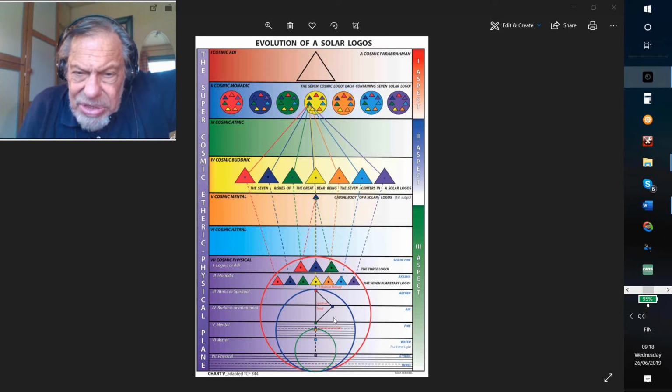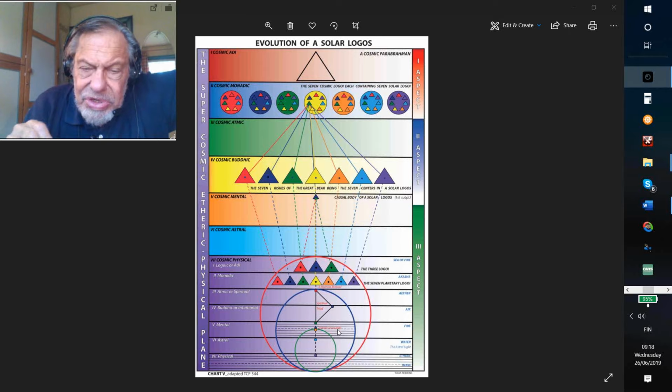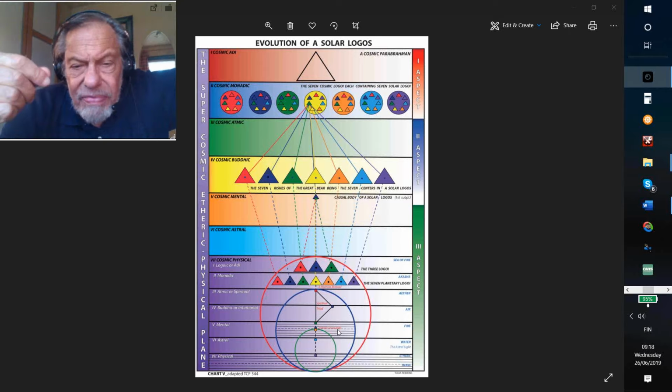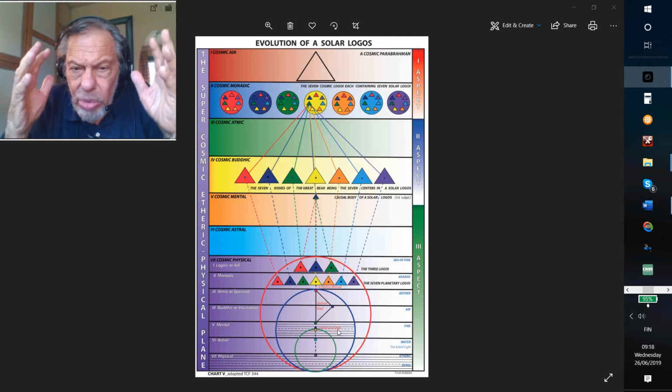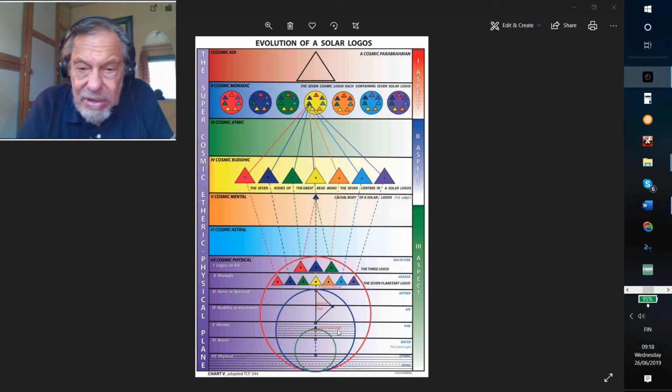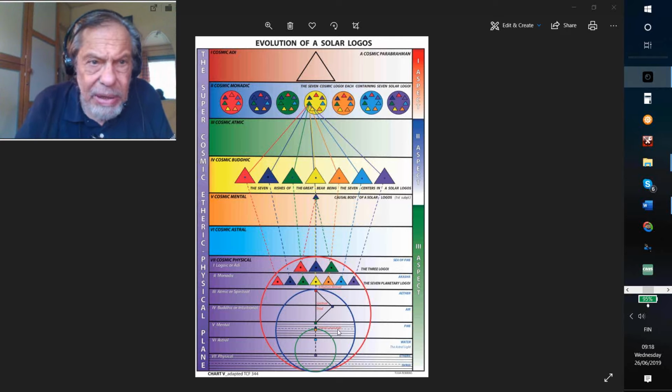So we might say, well, these are now the higher devas, but in terms of the Lord that they are working with, they just have their normal place. It's as if they live on the physical, as if they live in the personality of this great being.